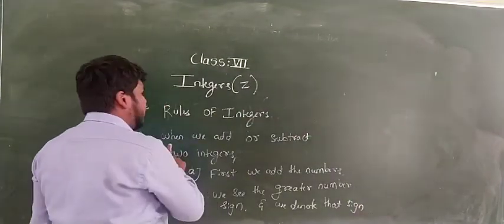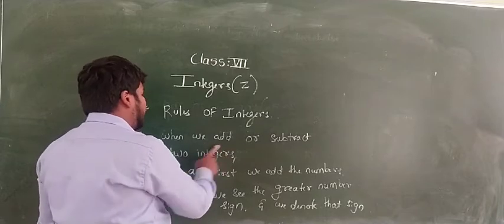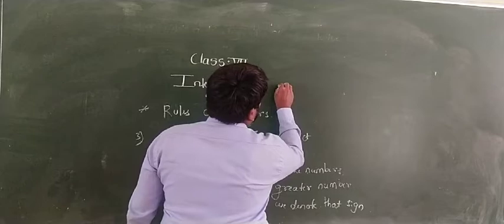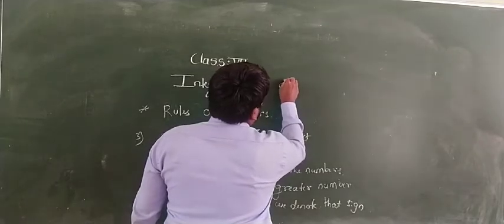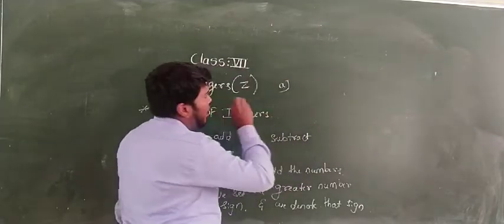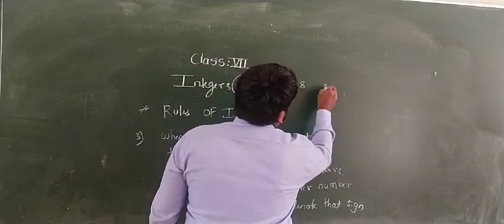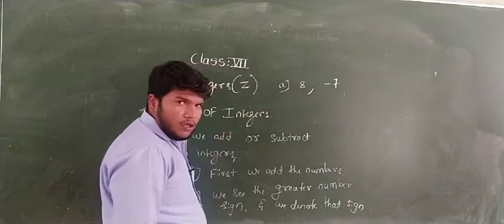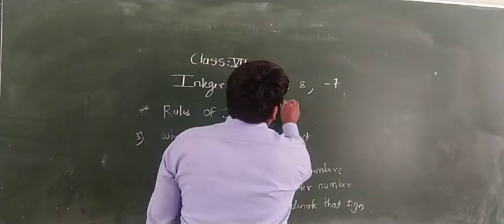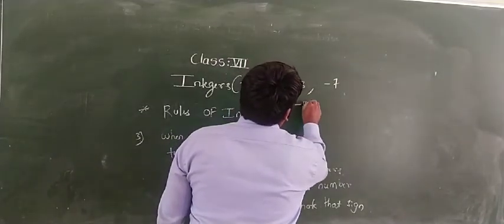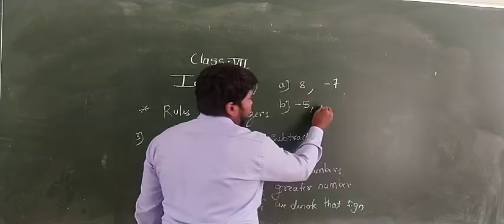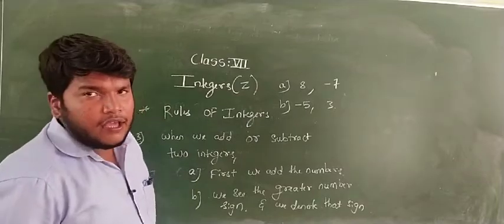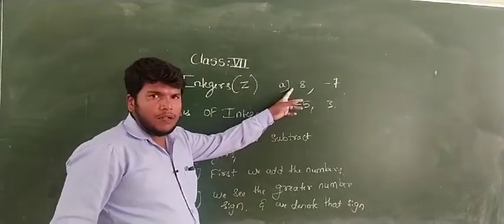When we add or subtract two integers, I take, for example, the first integer as 8 and the second integer as -7. And one more example: the first integer as -5 and the second integer as +3.